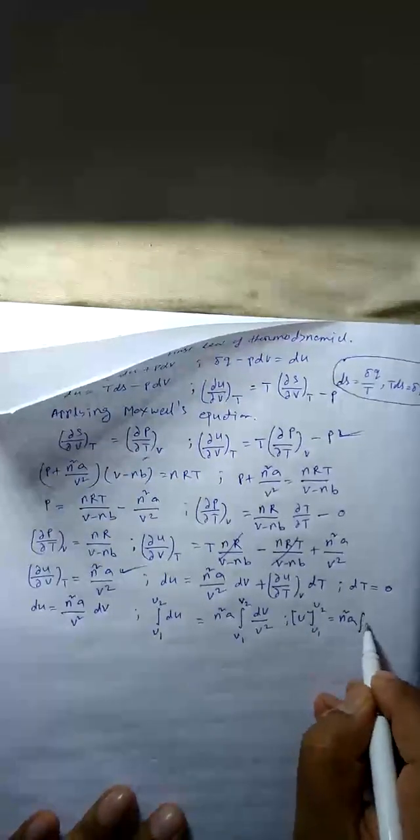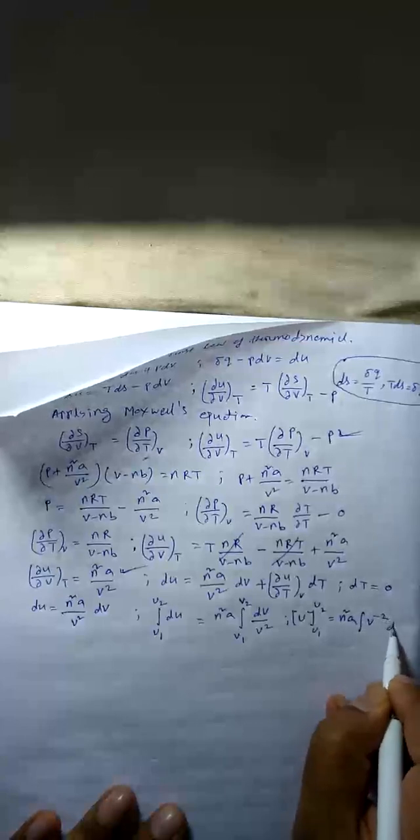Now u2 minus u1 is the integration value. On the left you write u from u1 to u2, then n square a times the integral of v to the power minus 2 dv from v1 to v2. Here, upper limit first, then lower limit.